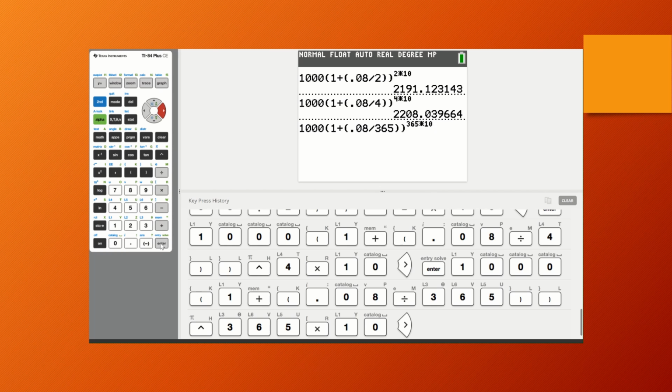Let's hit enter. $2,225.36. Well, okay, not bad. Another 17 bucks if it's compounded daily.